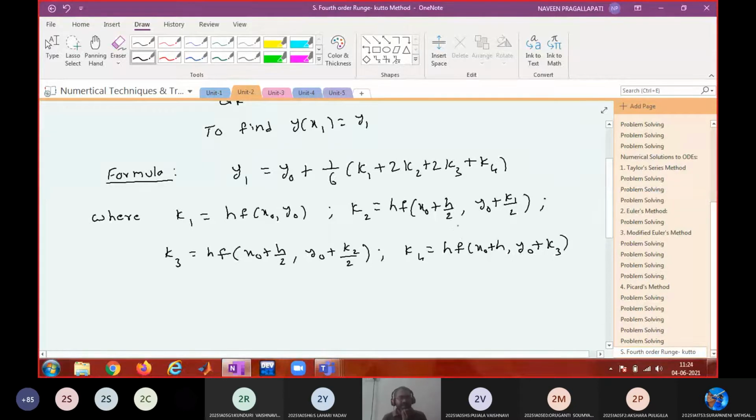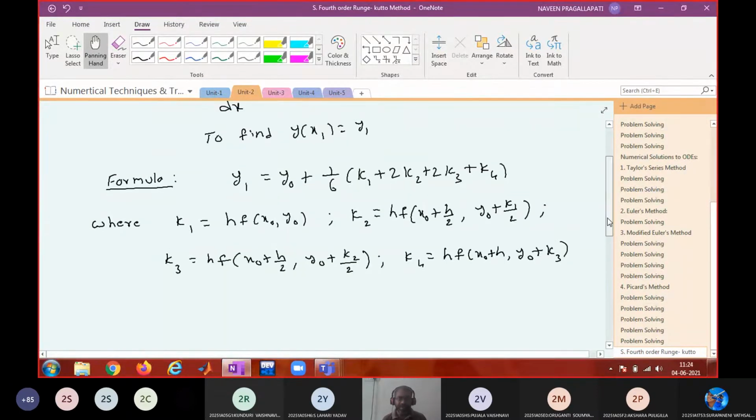These are the formulas that you need to remember, and the computation has to be done carefully, because you have to use many parentheses while using the calculator. If you don't use it properly, you may get a wrong value.